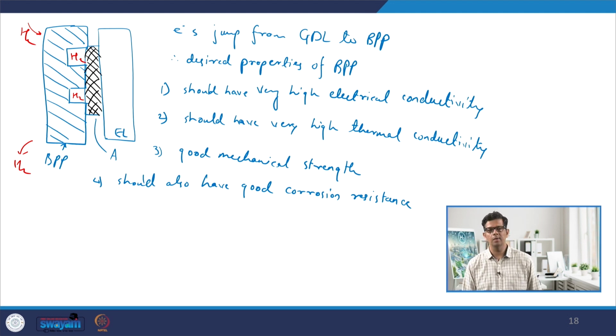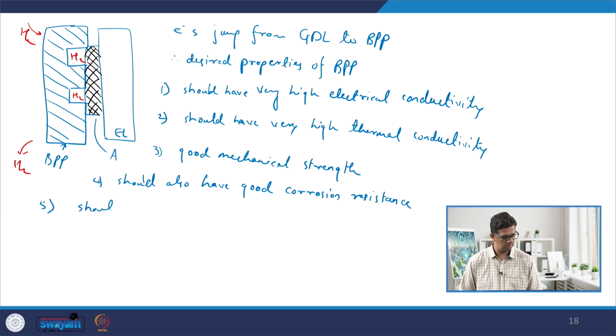Because particularly in the low temperature PEM based fuel cell, wherein the proton is shuttled from anode to cathode, the pH of the entire system is very low and it is highly acidic in nature, and that is why the bipolar plate surfaces are very prone to corrosion. In order to prevent loss of performance because of corrosion issues, we should have good corrosion resistance of the bipolar plate.